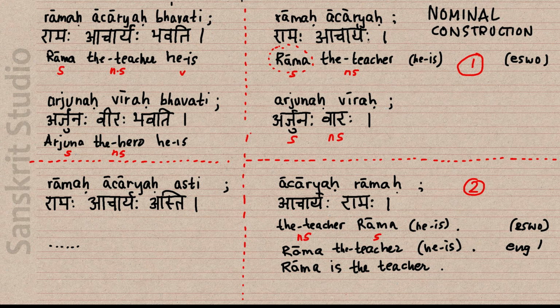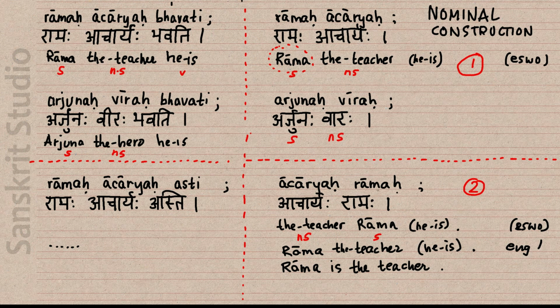But alternative 1 here in the nominal construction seems like, okay, we could just have forgotten asti here. It must be some kind of mistake on the part of the writer. So maybe he doesn't know Sanskrit so well, or something like that.